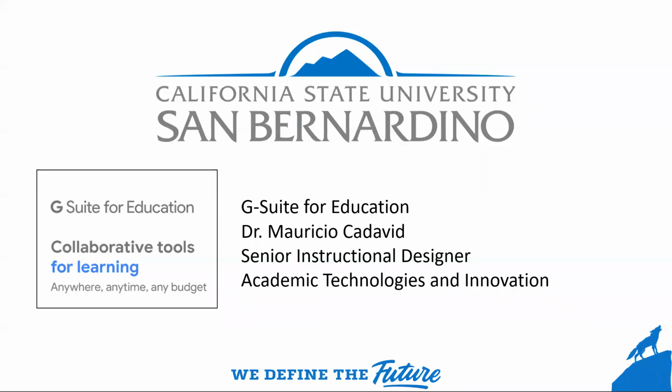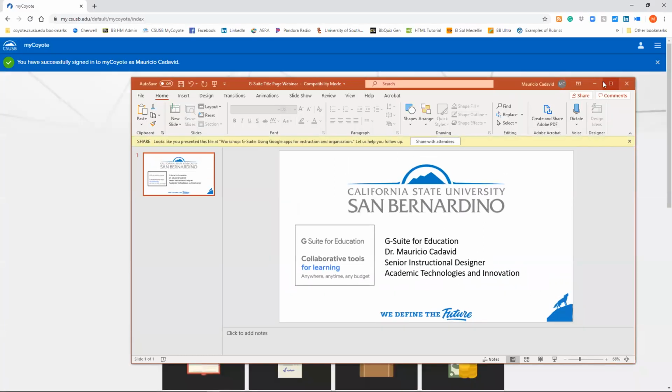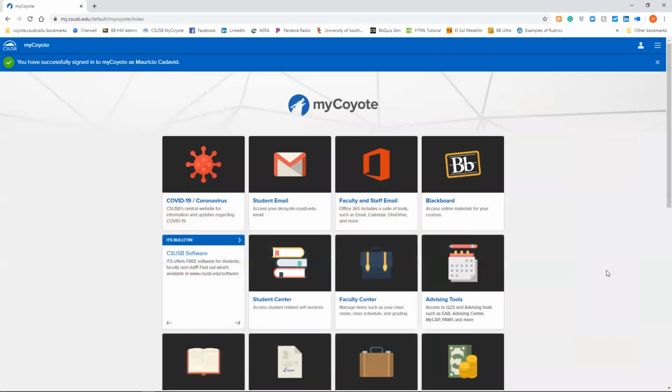Oh, okay, great. So that's what I'll do. I'll give you an overview of the things that we talk about in Google Suite, and at any point, if you have any questions, just let me know. The first thing to know is that our faculty accounts and our student accounts are separate.